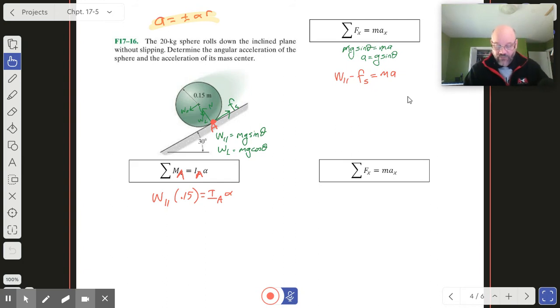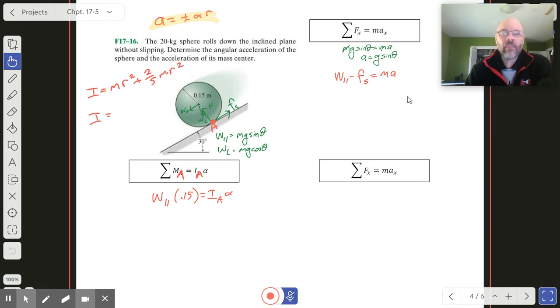We do need to find I sub A. I for a sphere is 2/5 mr squared, but it's offset, so we have to use the parallel axis theorem. Usually I put md squared, but let's just call it mr squared this time, because r is d. So we've seen that a few times. And now we've got our 2/5 mr squared.